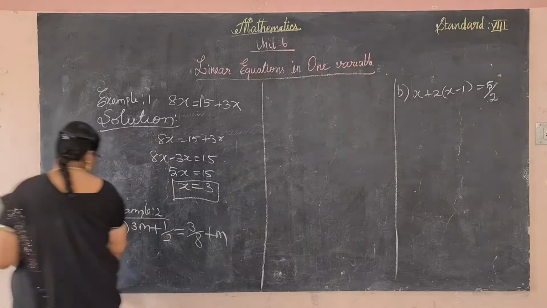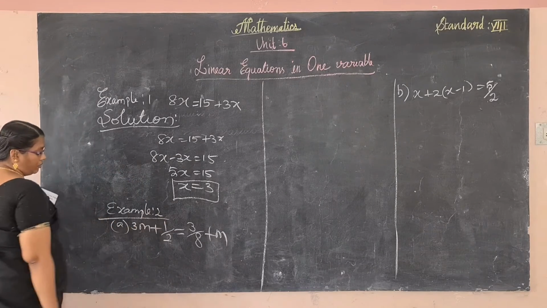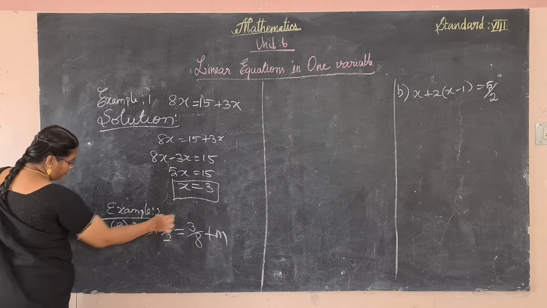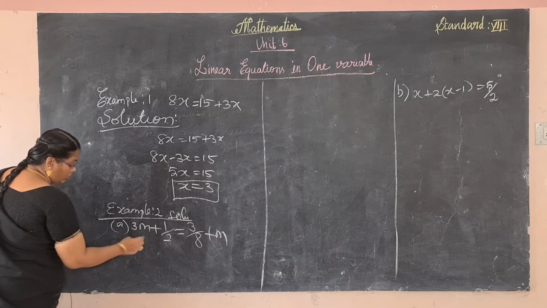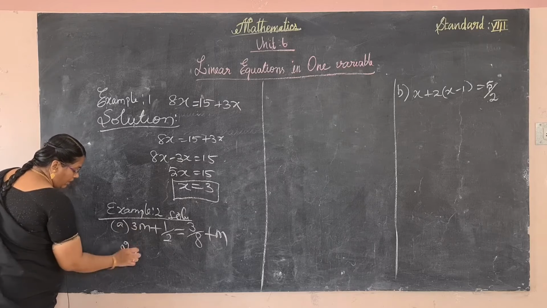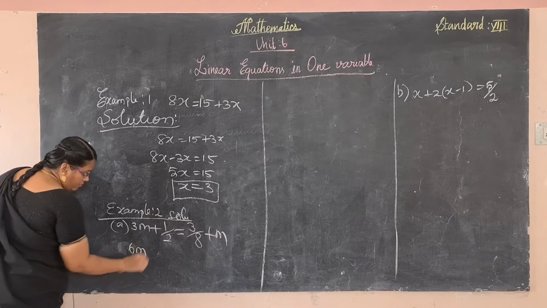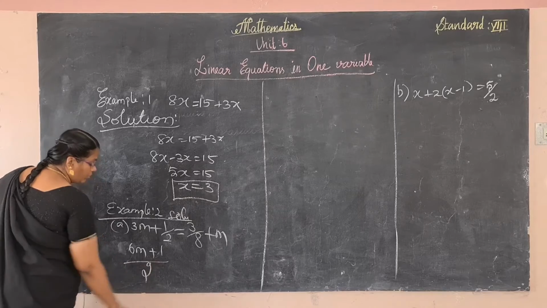Right. So here take the LCM. Okay, so what is the LCM? 2. So 2 3s are 6, directly write, plus 1 by 2.